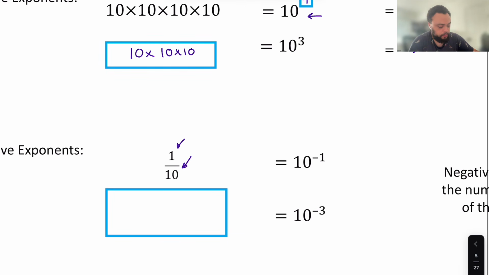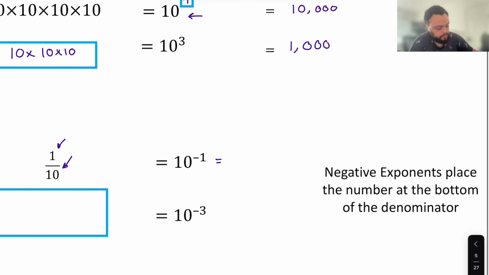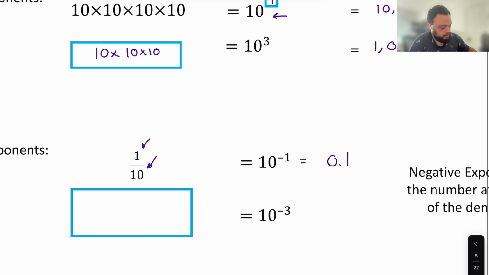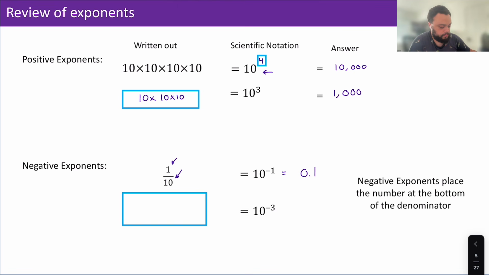We could even rewrite this: 10 to the negative first power is 0.1. Now take a moment and see what you can do about 10 to the negative third power. What answer would you predict?